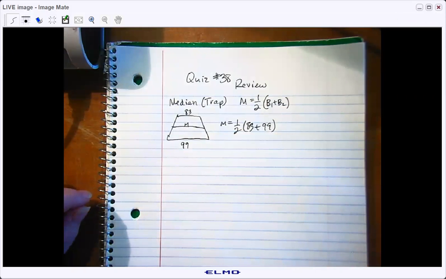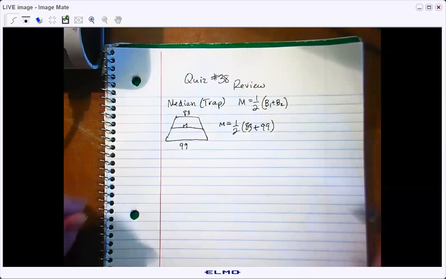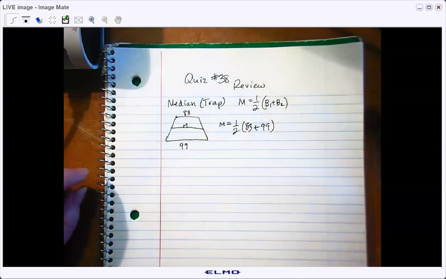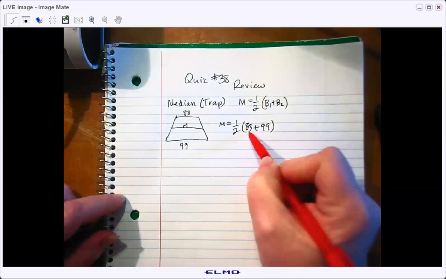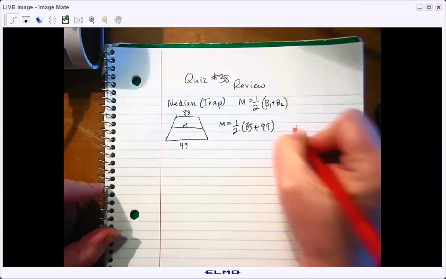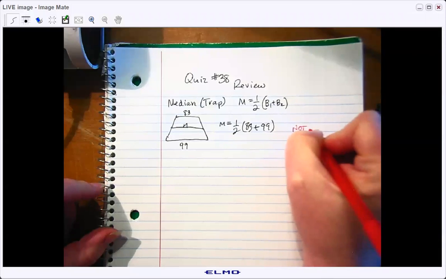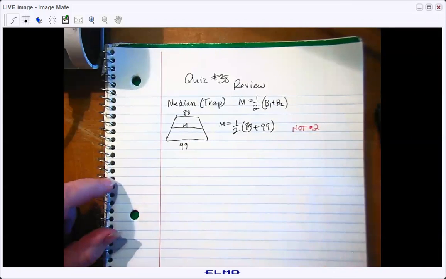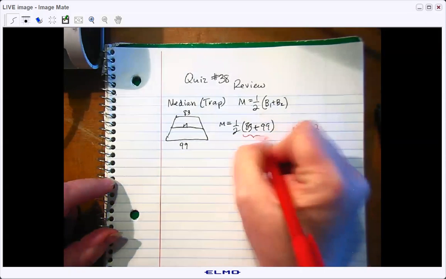Okay, so yes, somebody got the answer. I only multiply by 2 when the variable is in the parentheses. So I'm not going to multiply by 2, because I can add these together.